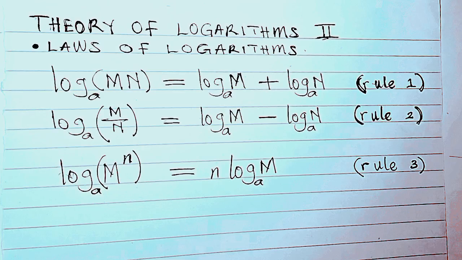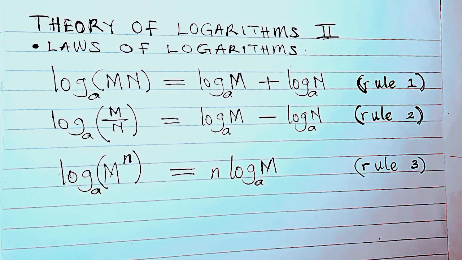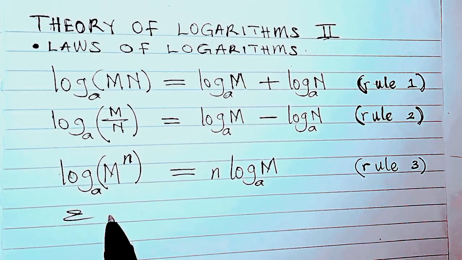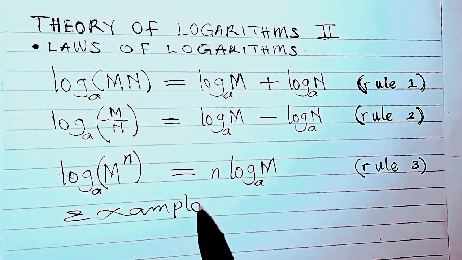These three basic laws of logarithm can actually be used to simplify or to solve some questions on theory of logarithm. Let's take, for example, here is to simplify. Let me say an example here.